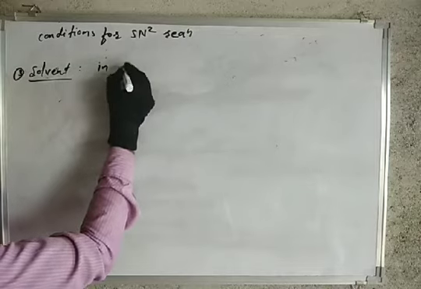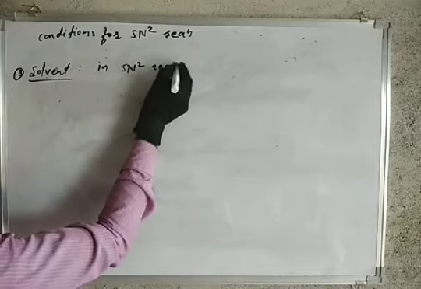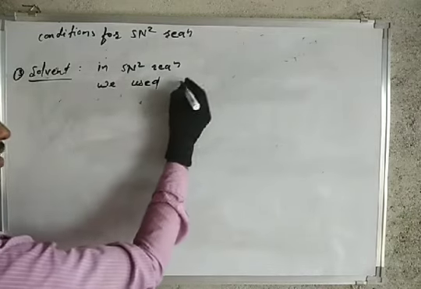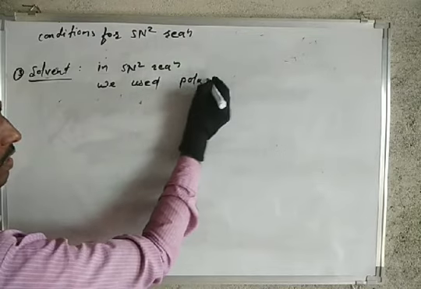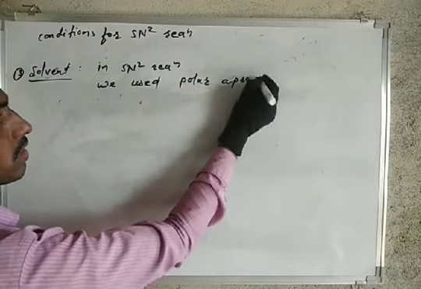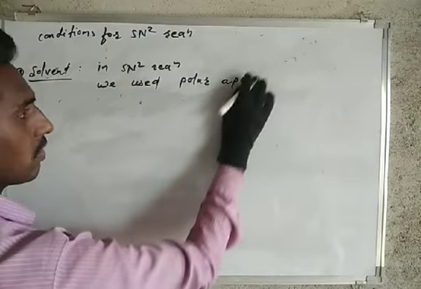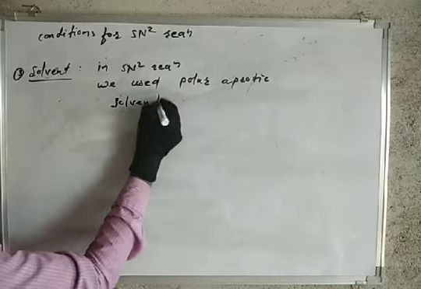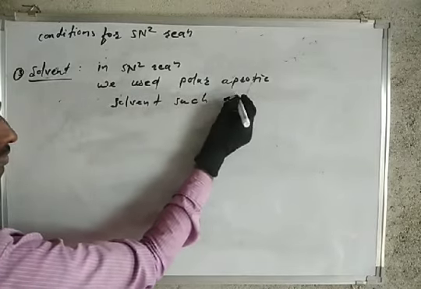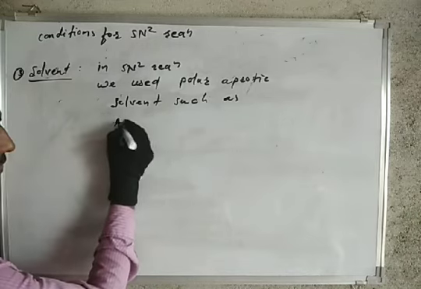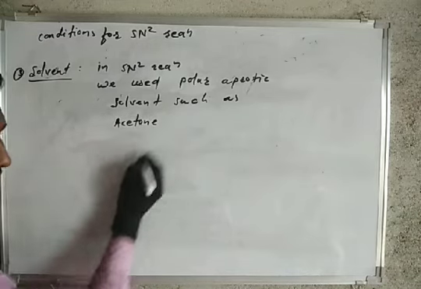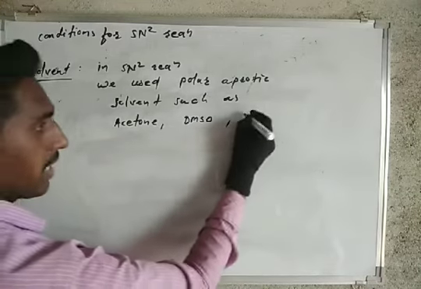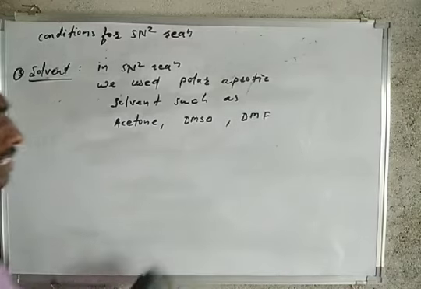In the SN2 reaction, we use polar aprotic solvents such as acetone, DMSO, and DMF.